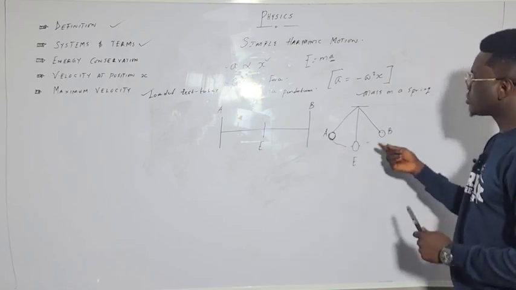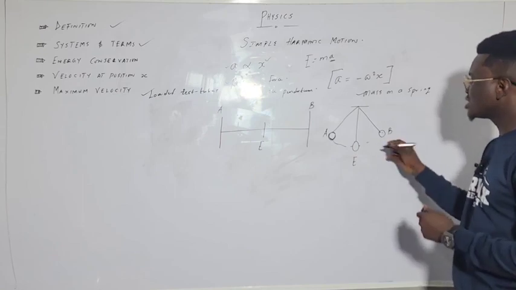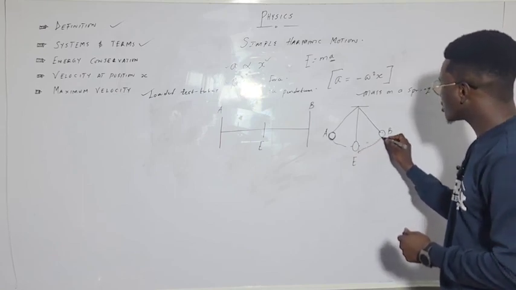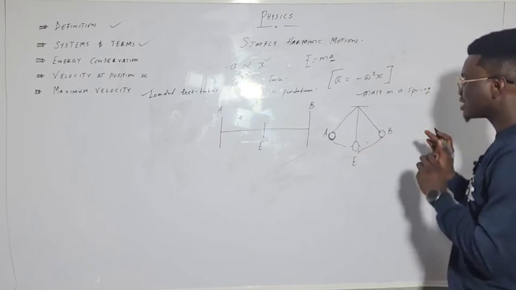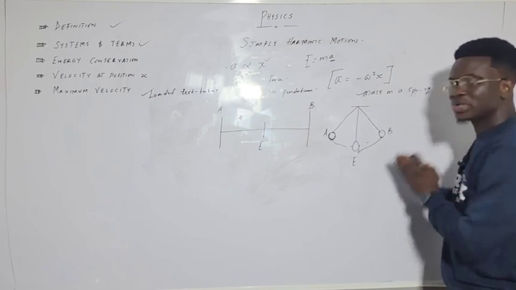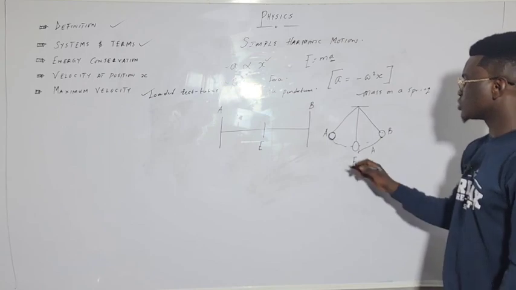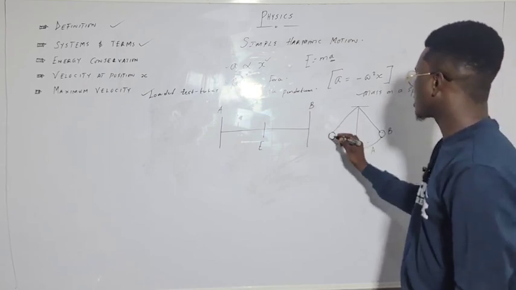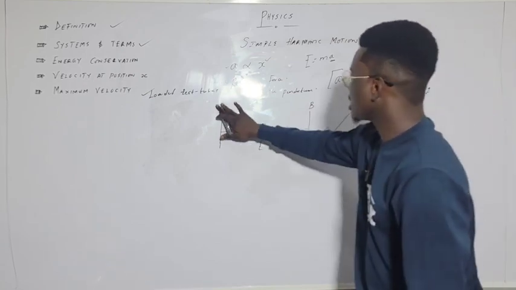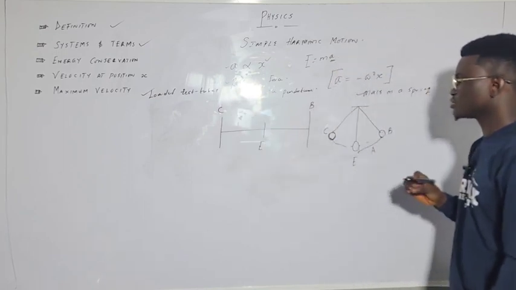Now when I move it from E to B, I displaced it from here to here. That is the maximum position I'm displacing it to. We call that part A. And what does that A mean? Let me use another term here, let's say C, so that you don't get the concepts mixed up.